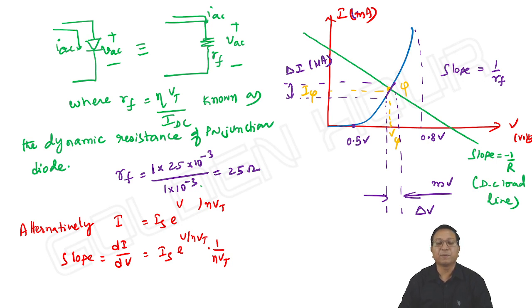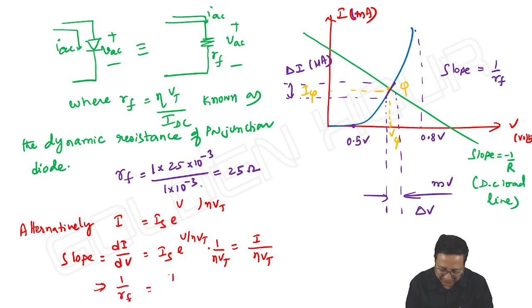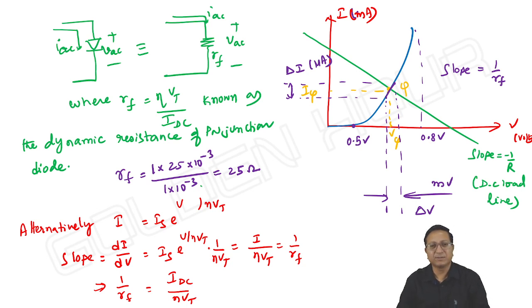What is IS into e power V by eta Vt? That is nothing but I. So I can further write it as I by eta Vt. More precisely, instead of I I can write IDC. So 1 by rf is equal to IDC by eta Vt, or rf is equal to eta Vt by IDC. That's it. This is how we can find it.